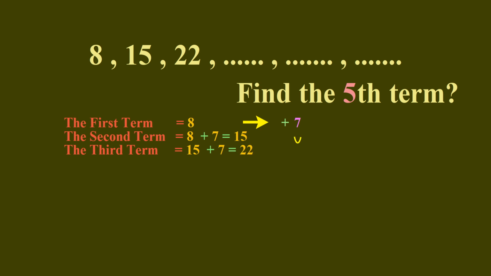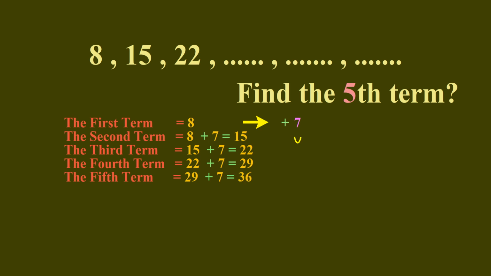And so on. We can get the fourth term by adding 7 to the third term. So the fourth term is equal to 22 plus 7, which equals 29. And the fifth term is equal to 29 plus 7, which equals 36.